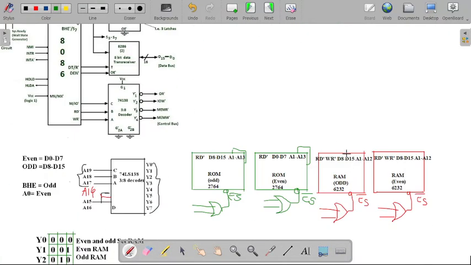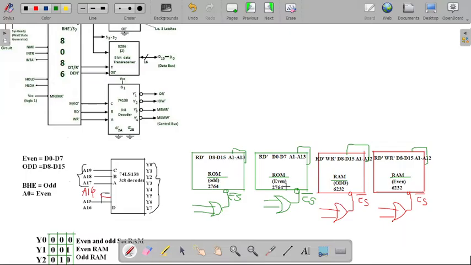So I'm writing this symbol and it will become 1 plus 1, 2, and this will also become 1 plus 1, 2. So now in the diagram we have 2 sets of ROM for odd, 2 sets of ROM for even, 2 sets of RAM for odd, and 2 sets of RAM for even.